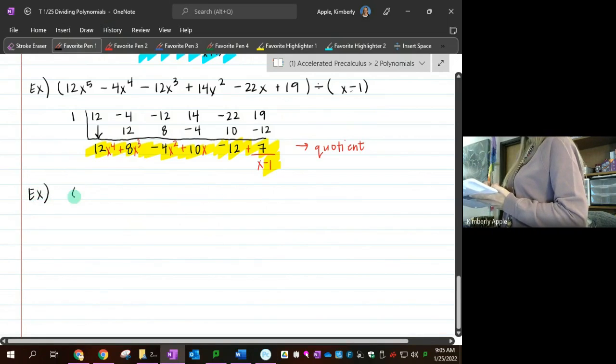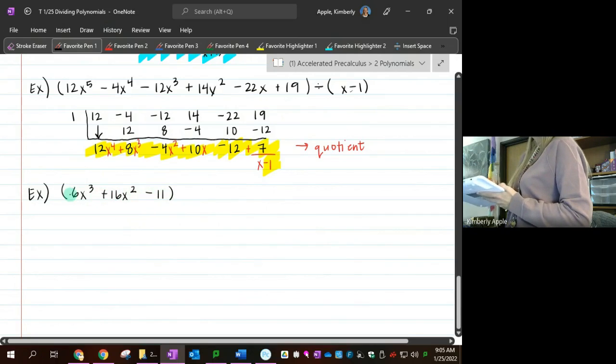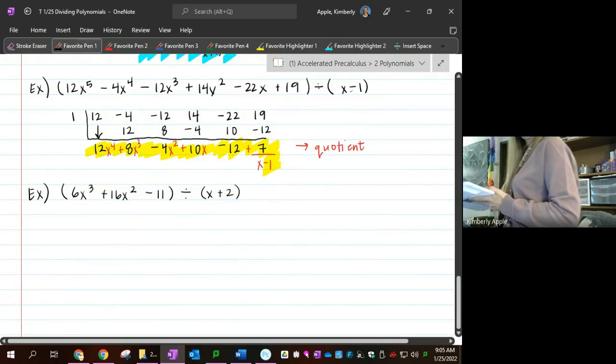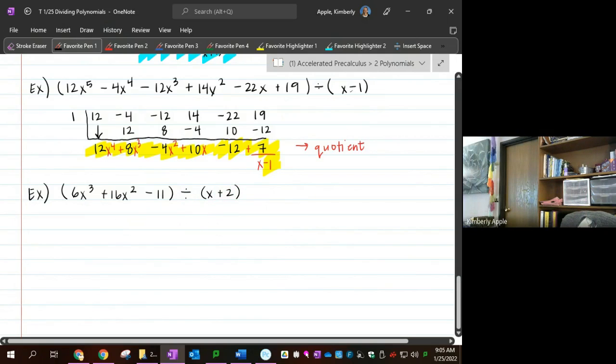It's going to be 6x to the third plus 16x squared minus 11 divided by x plus 2. So we've got power 3, 2, but we're missing the variable with power 1. So we'll go ahead and set it up. Here we go. All right.